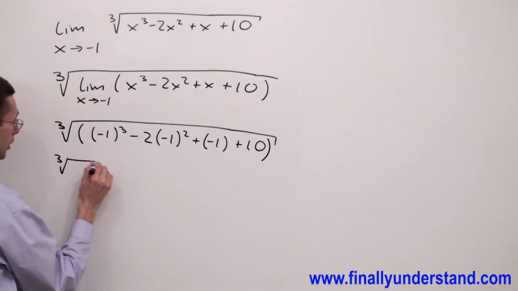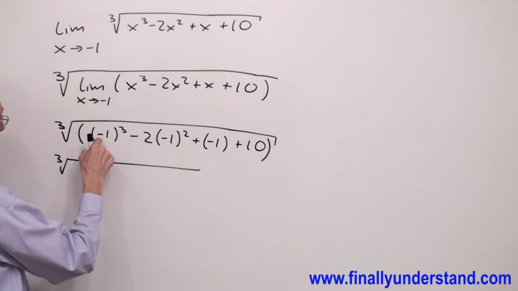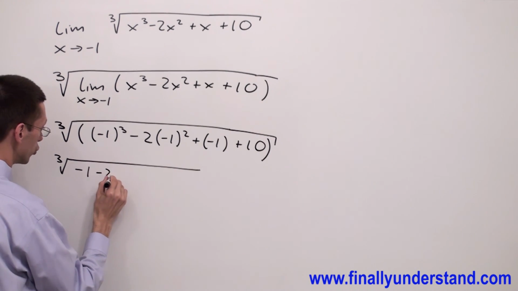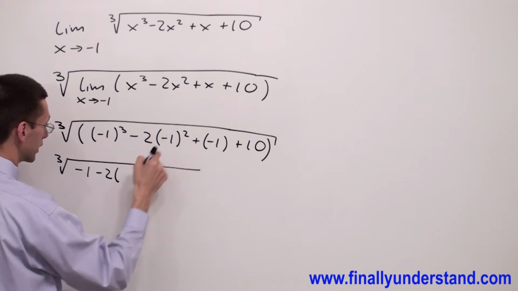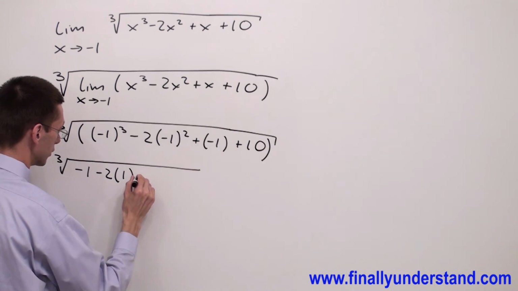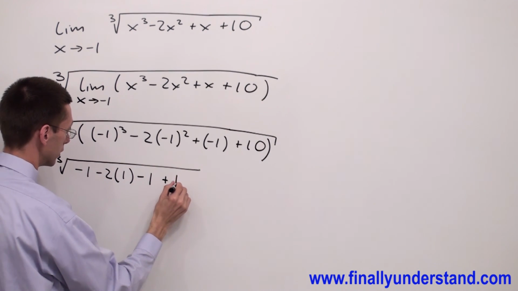The cube root equals: -1 to the third power is -1, minus 2, -1 to the second power is equal to 1, positive times negative is negative, plus 10.